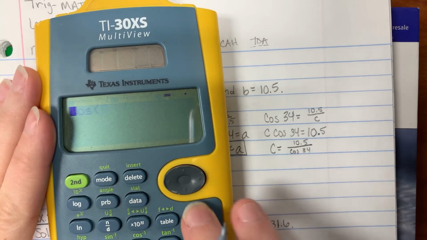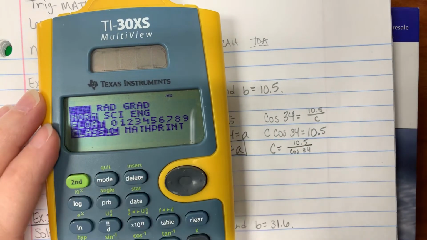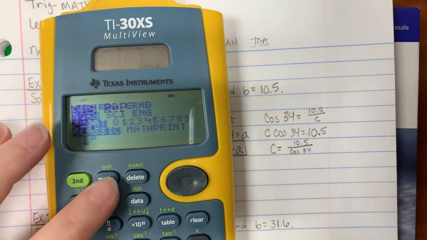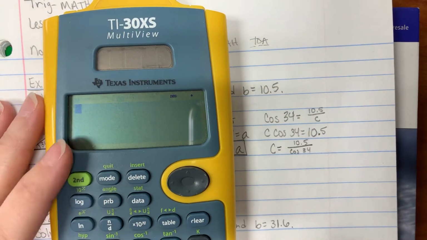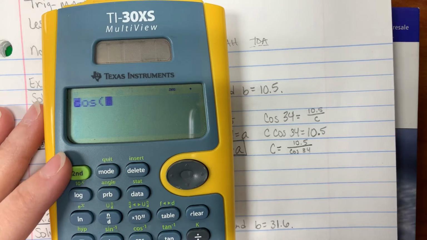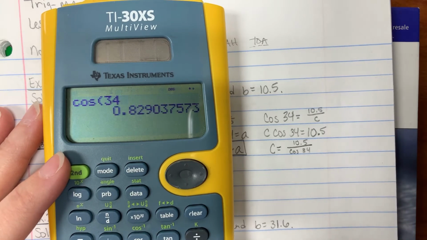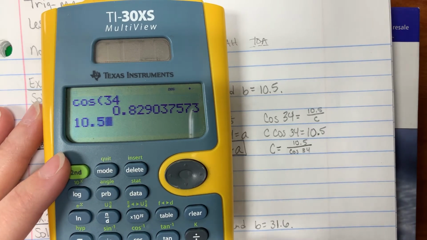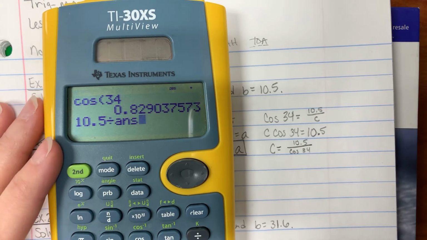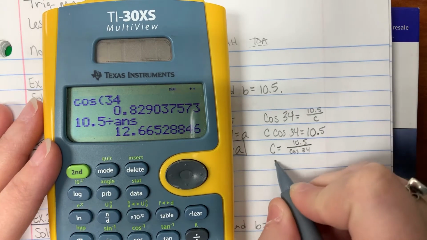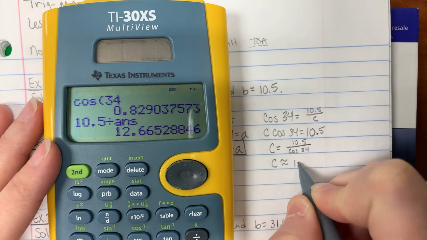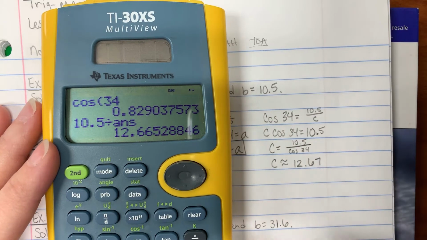First of all, let me go back and make sure that I'm in degrees, which I am. So then I'm going to do my cosine of 34, and then I'm going to take 10.5 divided by that answer. So I'm getting C is about 12.67.